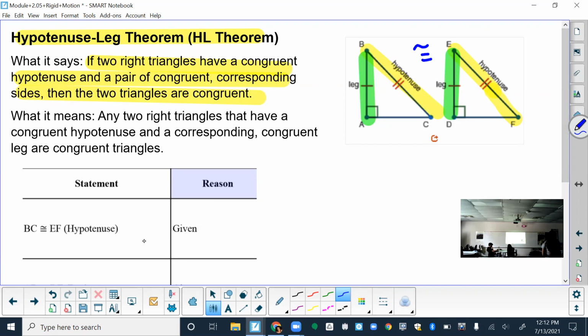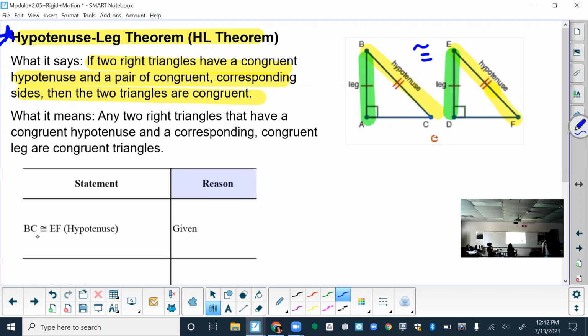Over here is a proof that goes along with this theorem. So a lot of geometry is making these two column proofs to reinforce some theorems that we learned. So if I'm trying to prove that these two triangles are congruent, here's what my proof could look like.